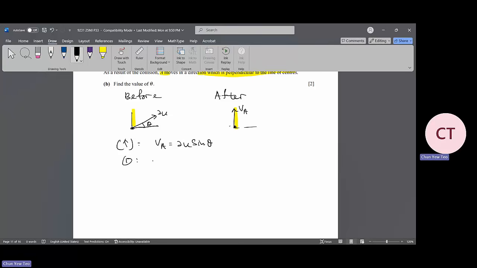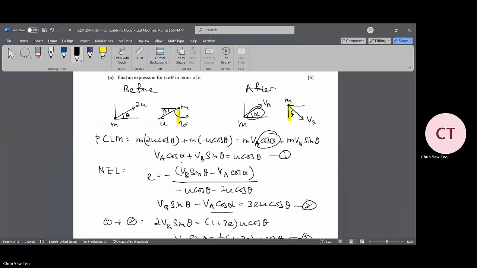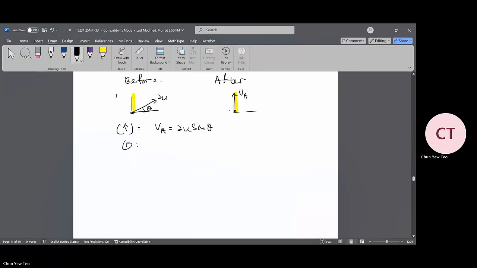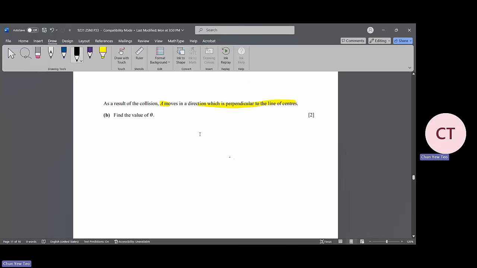Never mind. From equation 1, I forgot already, sorry. Equation 1 is this equation: 0 plus VB sin theta equal to u cos theta. VB sin theta equal to u cos theta. This is not needed. This is not needed as well. I just need to take the equations.